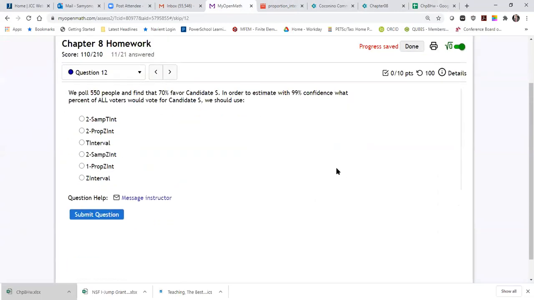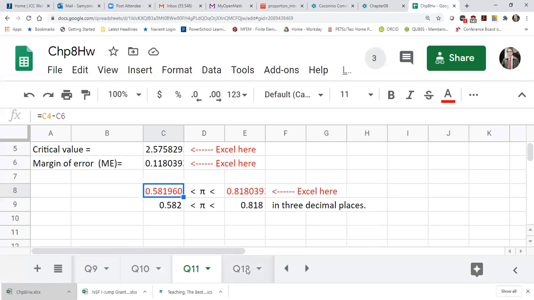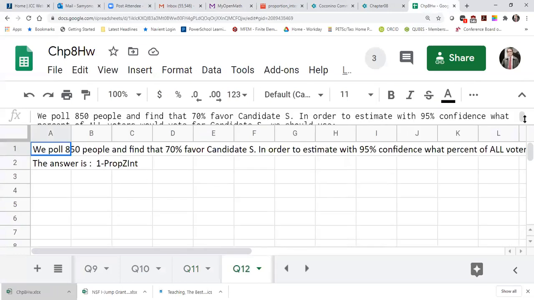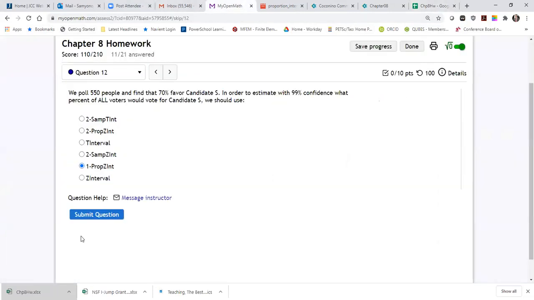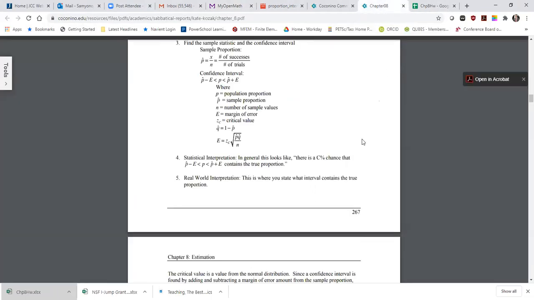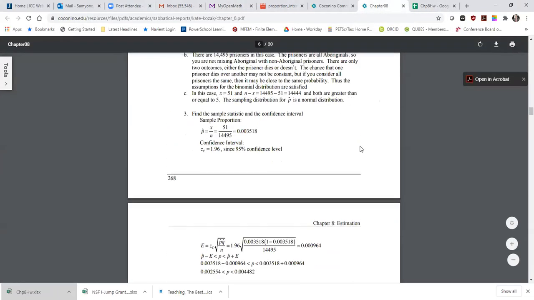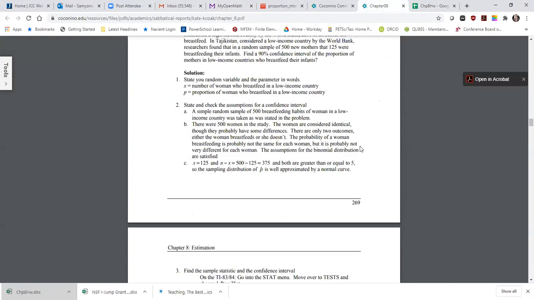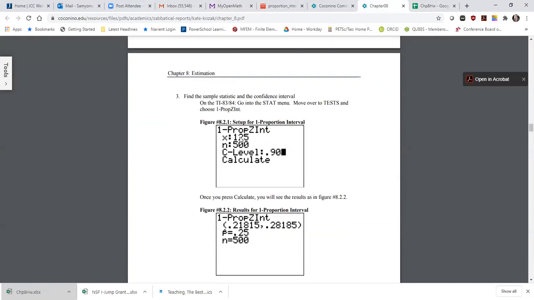Okay, so for this one, you need to use this one here. I believe you can see it from that side. And also you can check from the textbook.